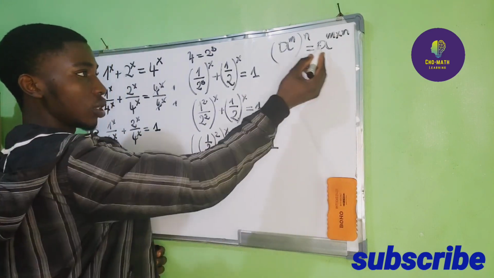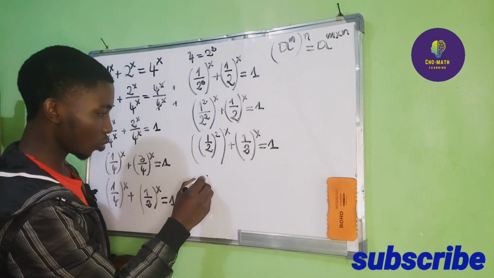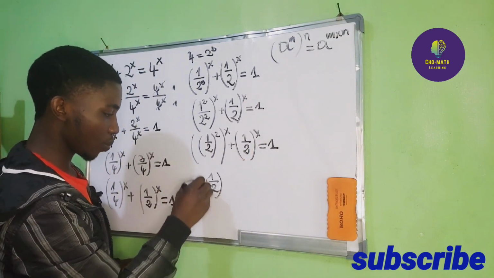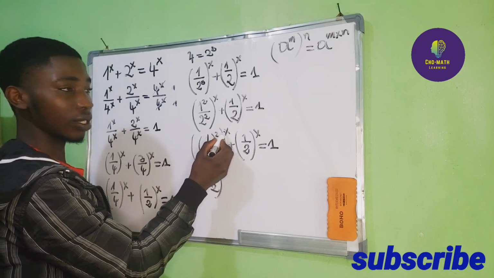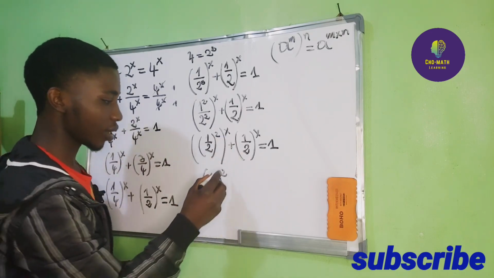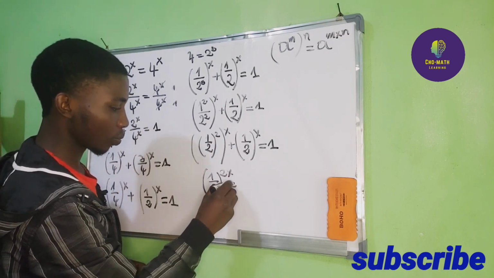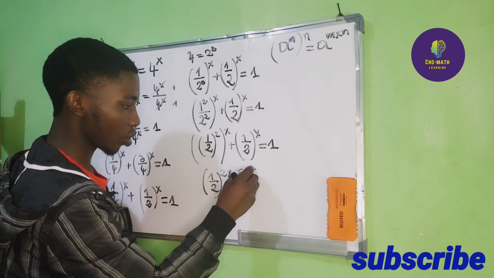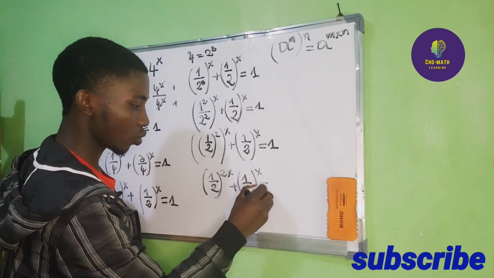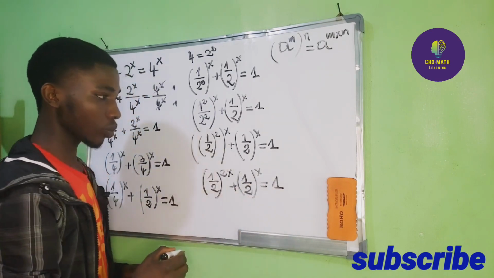We're going to use this formula here. So we have half to the power of, our m here is 2 and our n is x, 2 times x, that's 2x, plus half to the power of x will be equal here to 1.